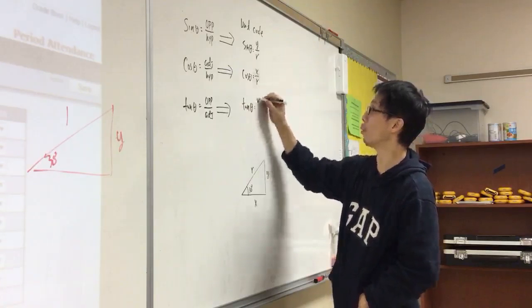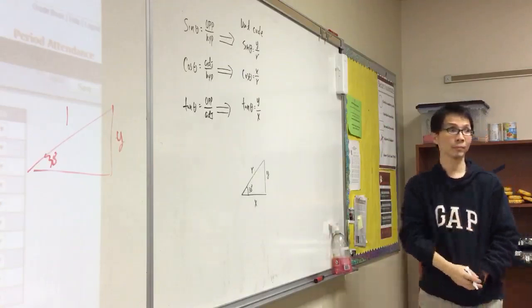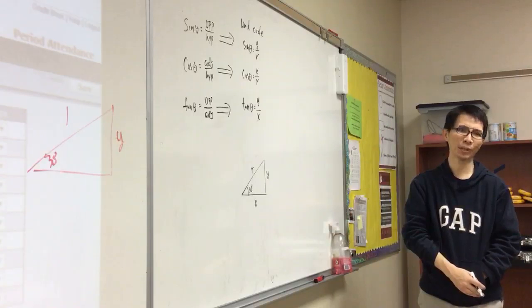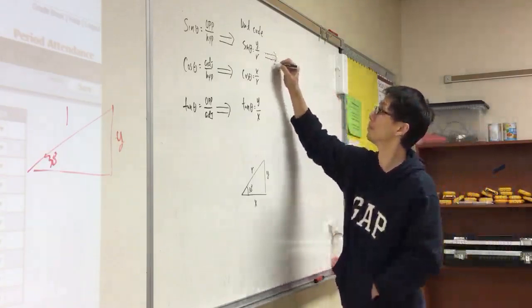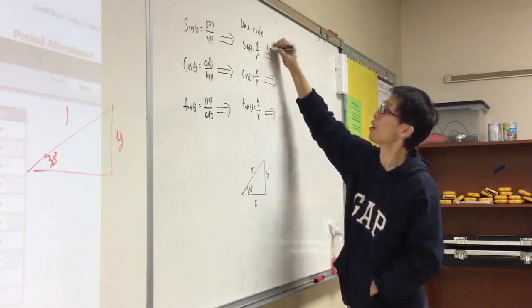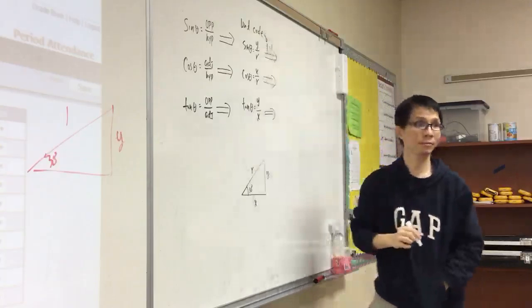Y over x. So since r is always equal to 1 on the unit circle, does that make sense?